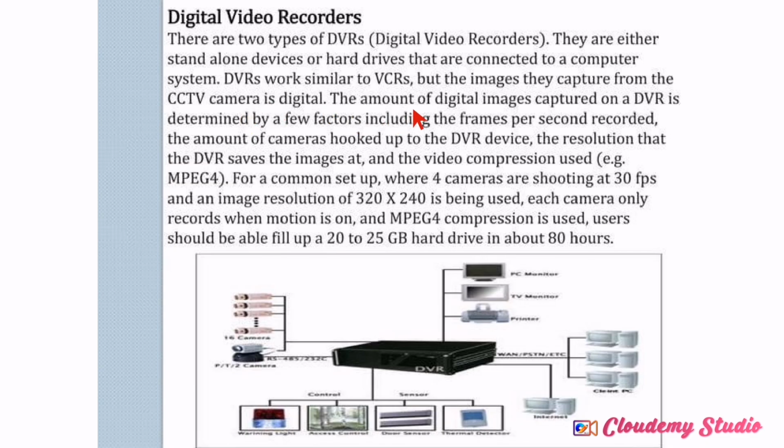The amount of digital images captured on a DVR is determined by a few factors, including the frames per second recorded, the number of cameras hooked up to the DVR device, the resolution that the DVR saves the images at, and the video compression used, e.g.